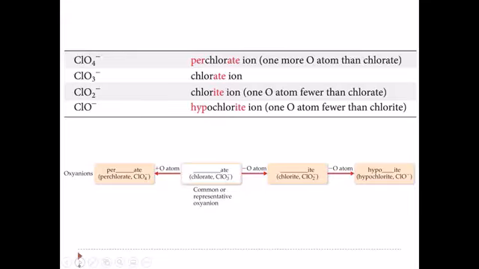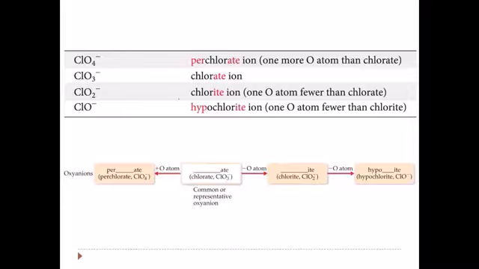And then here is a group of similar polyatomic ions. Starting with perchlorate, ClO4 minus. Then we have one less oxygen, so this is called chlorate. Then we have chlorite, so notice again chlorate and chlorite.